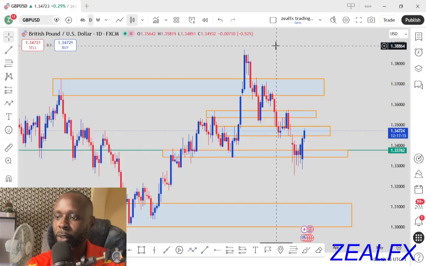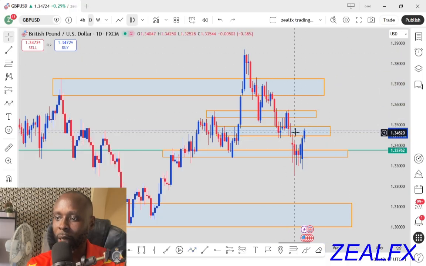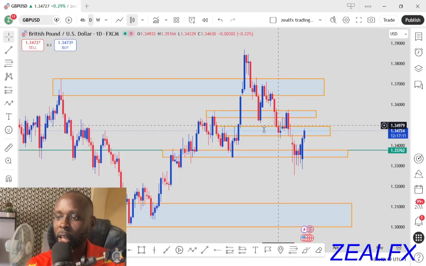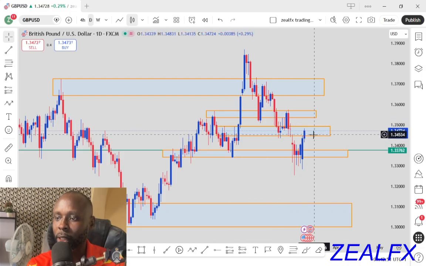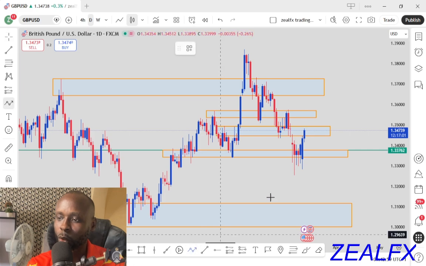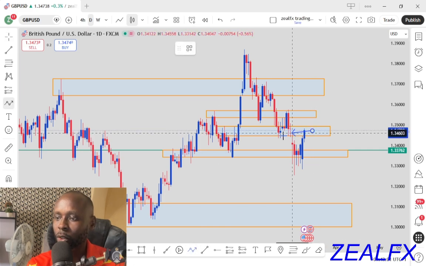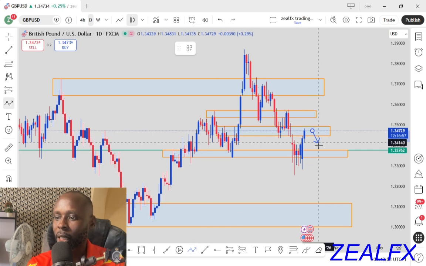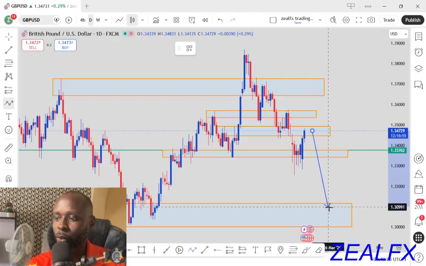While for the bearish trend, if price remains bearish, this level still holds on the GBP/USD. So long as price remains in this zone and we still have a series of lower highs, we are expecting a price action setup from this particular resistance level for price to drop to the next support level.